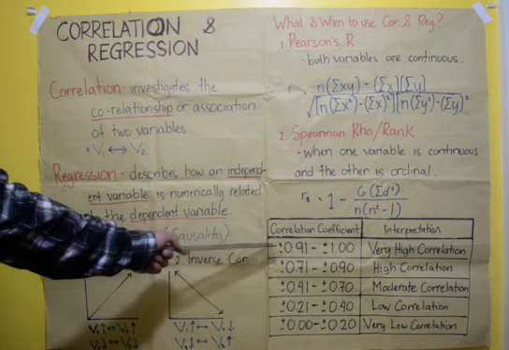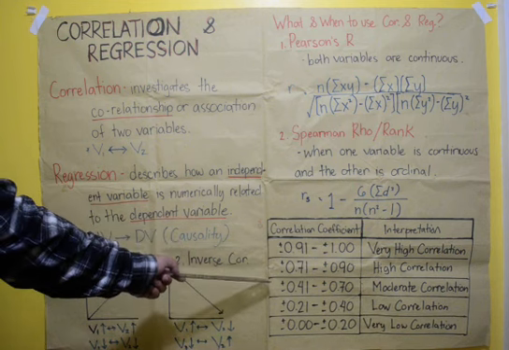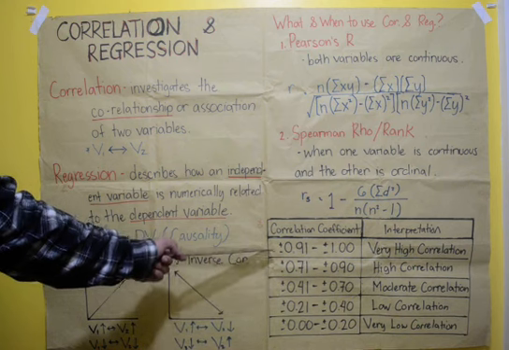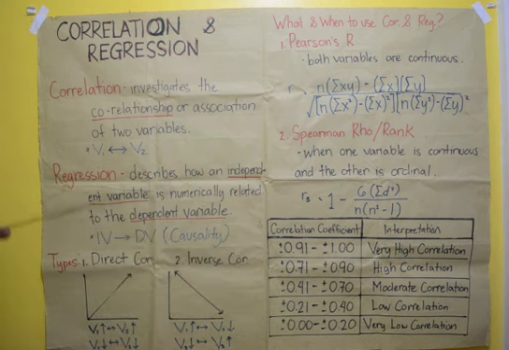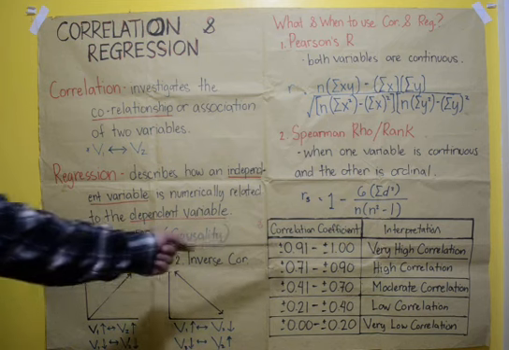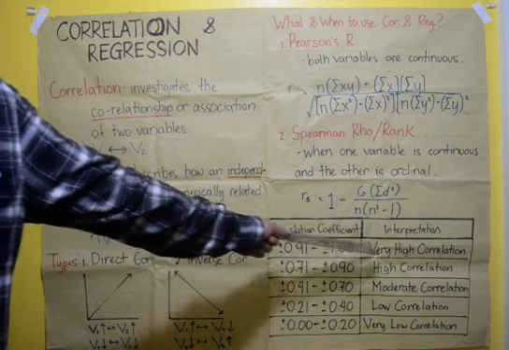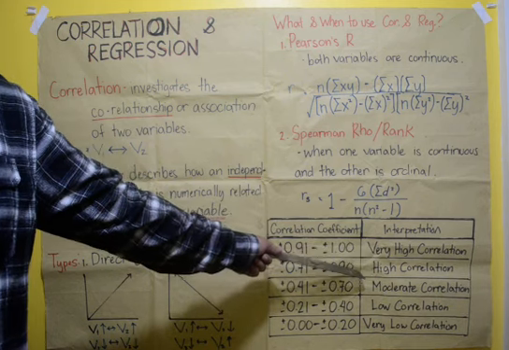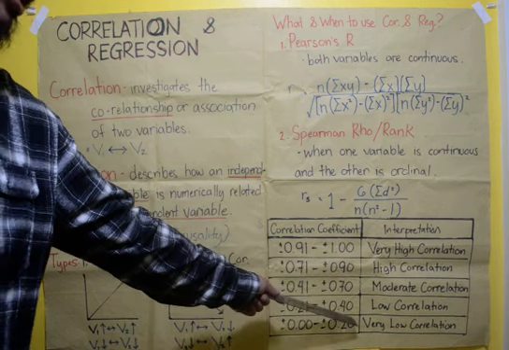So we have this one. When the R falls under the respective range, we have the following qualitative interpretation: very high, high correlation, moderate, low, and very low.